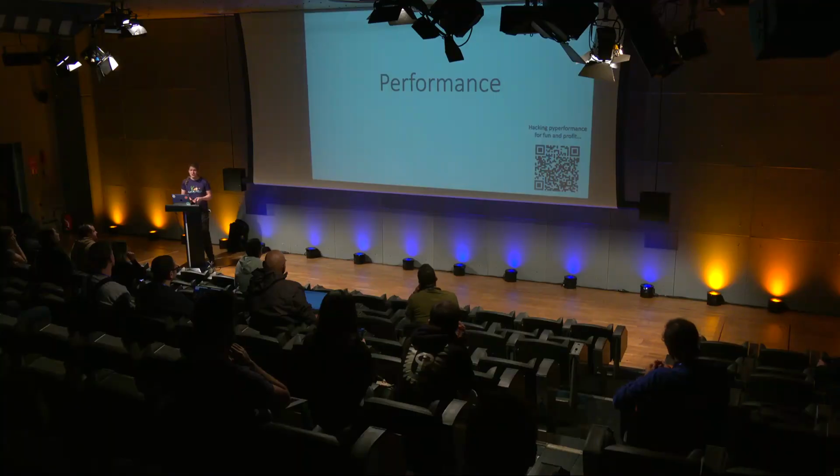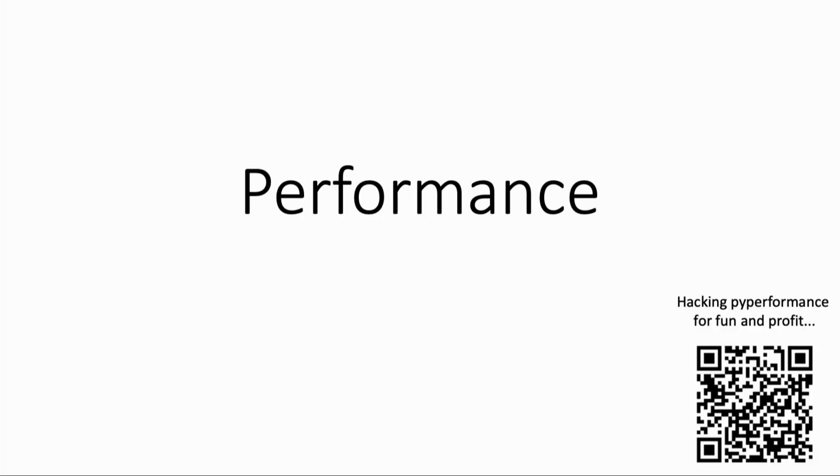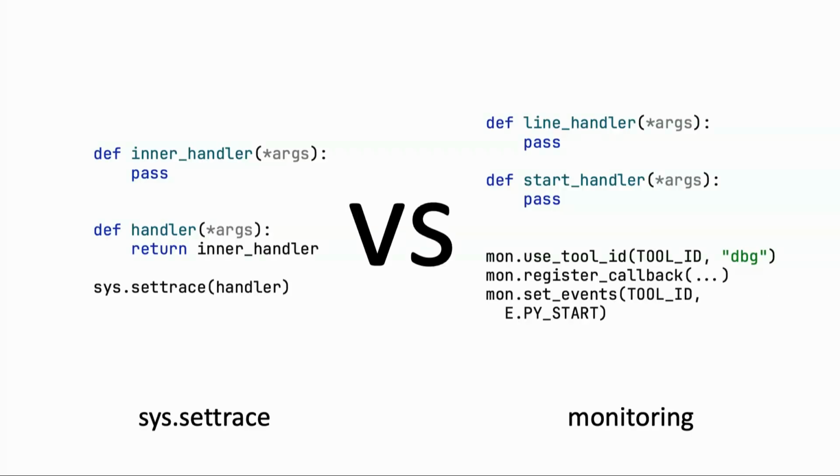And now you might also wonder what the performance is, and I thought this too, so I just hacked PyPerformance to do some trials. PyPerformance is a really nice benchmarking suite for Python. Essentially, I compared the sys.settrace handler that doesn't do anything, that has no breakpoint, with the monitoring API that has no breakpoint but just sets the PY_START events.